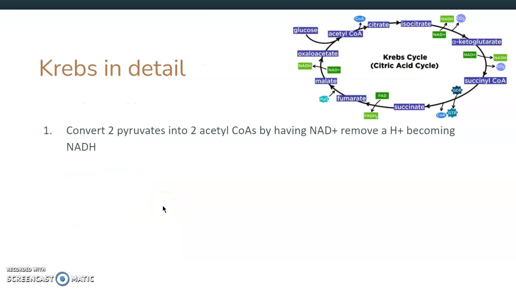So the way this works is we convert two pyruvates into acetyl-CoAs by having NAD plus remove an H plus, becoming NADH.